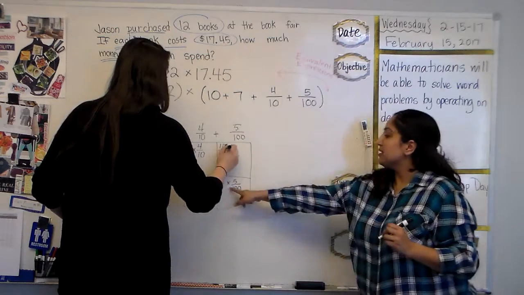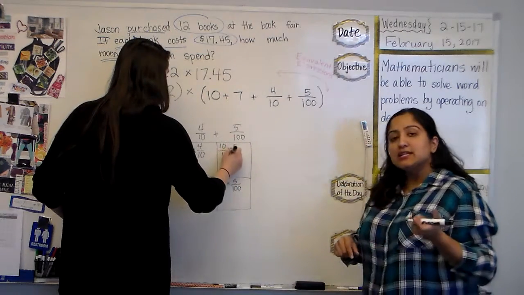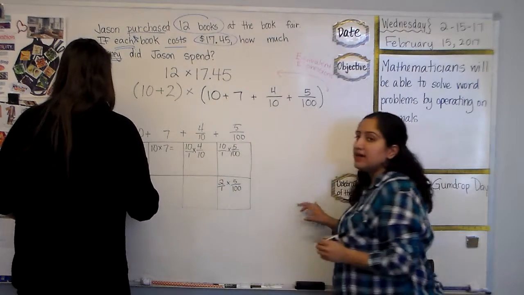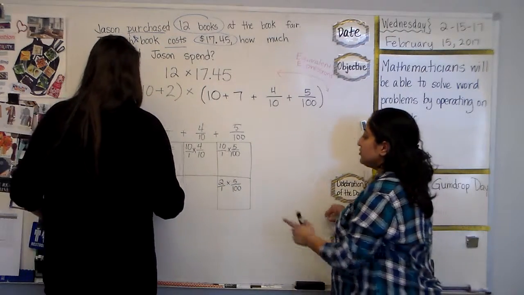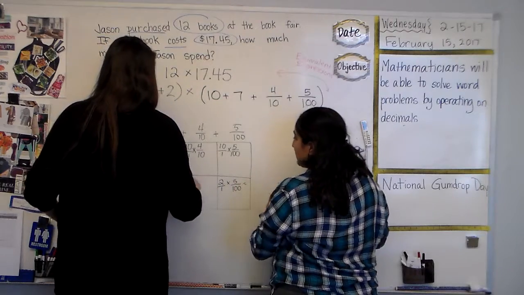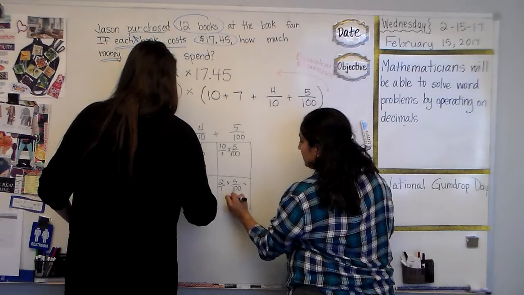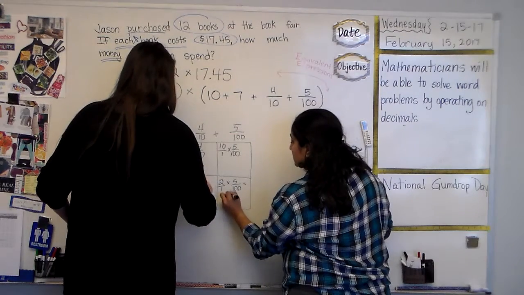When you're multiplying something like 2 times 500ths, to make sure that you are computing correctly, you can add the 1 as the denominator so that you do 2 times 5 and 1 times 100 to then get 10 hundredths.